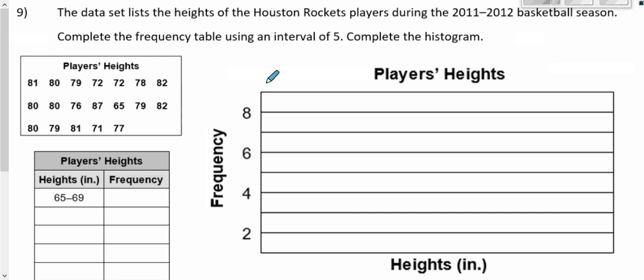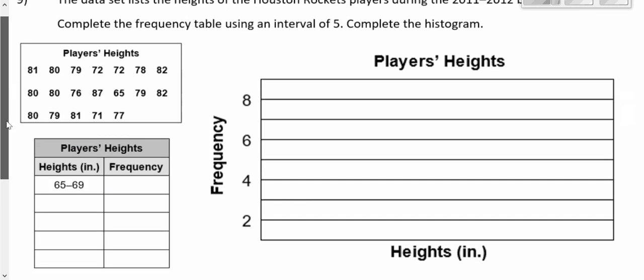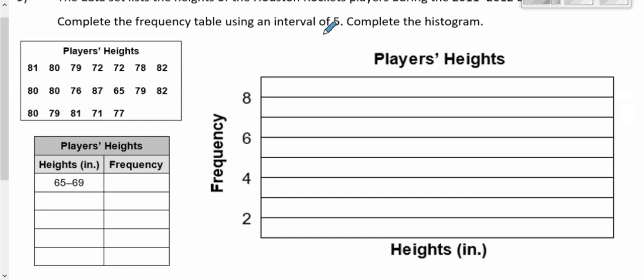Complete the histogram, okay? Whoa, that's a lot of stuff going on here. So we are going to first, let's complete the frequency table because that's going to be a little bit easier. So it says in intervals of 5. So that means that these next intervals, we've done 65 to 69. So this is going to be 70 to 74.